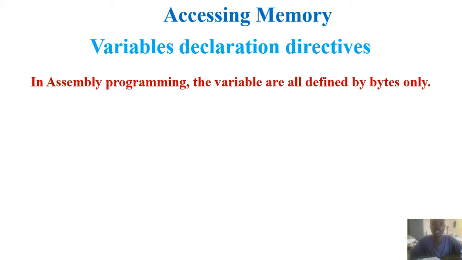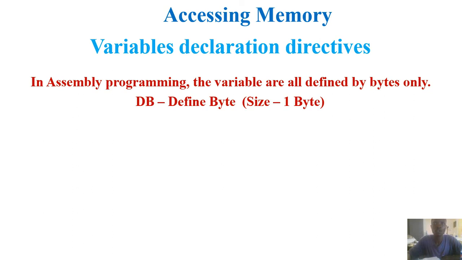The variable that we declare can take any value, but make sure that the value that you initially put is the same type that you're going to have in your variable, or you may change it later if necessary. So db, as I said earlier, all variables in ALP are defined using bytes.